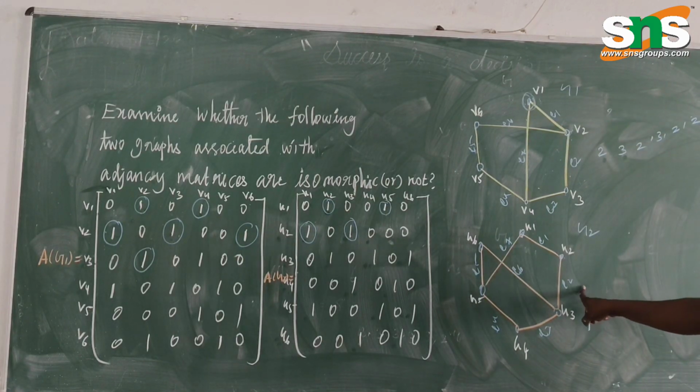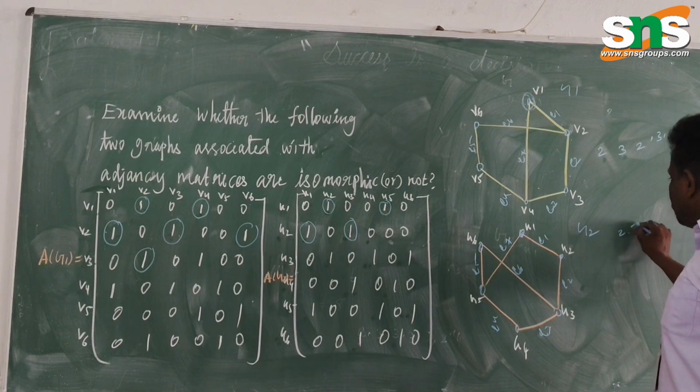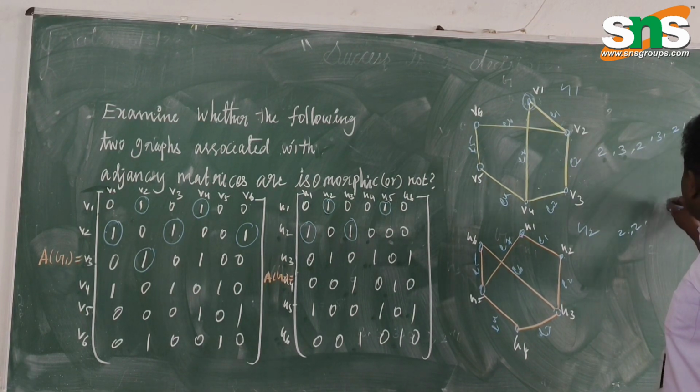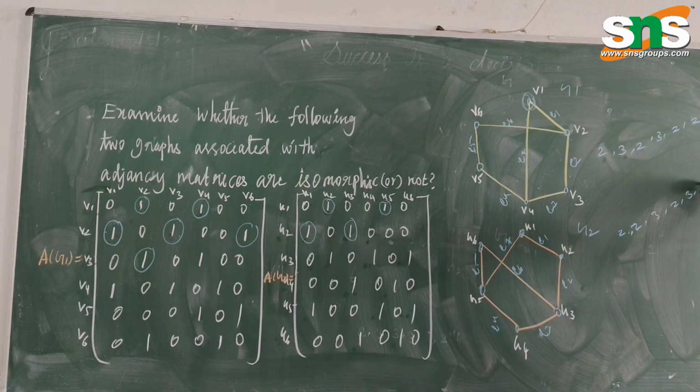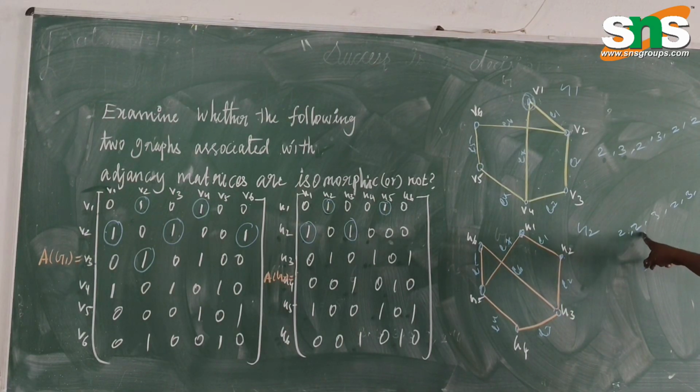Let me check the degrees with the same concept for graph 2. U1 is 2, U2 is 2, U3 is 3, U4 is 2, U5 is 3, U6 is 2.